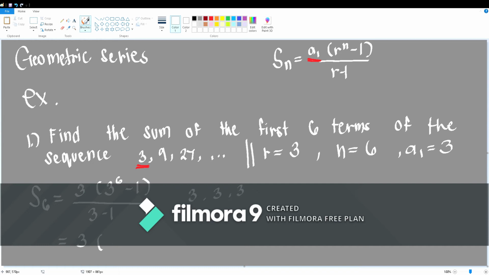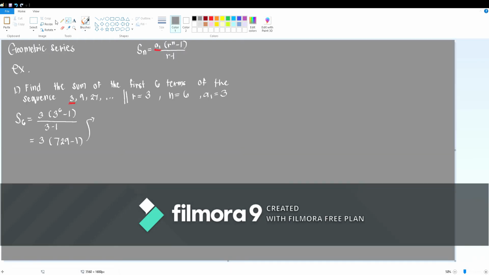So first, let's find out what the answer to 3 with the exponent of 6 is. Get the answer with the help of your calculator and write it down, and then minus 1. Copy all. Because of lack of space, I decided to expand the board.